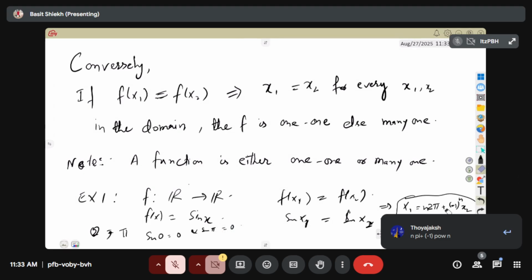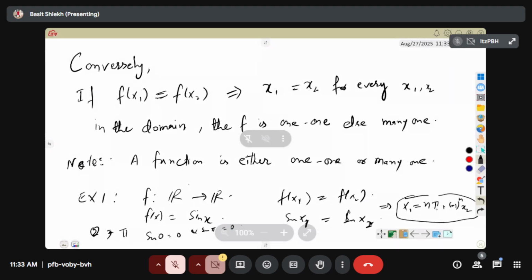Oh, you are saying this to n pi. Okay, it will be n pi, because at n pi, obviously, it is 0. Then n pi plus this x1 equals to x at that point.